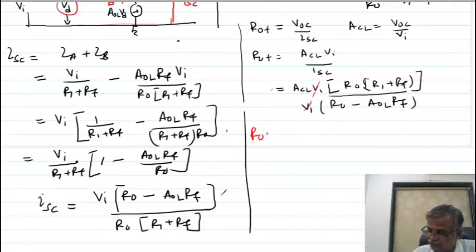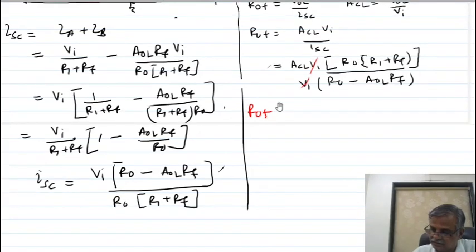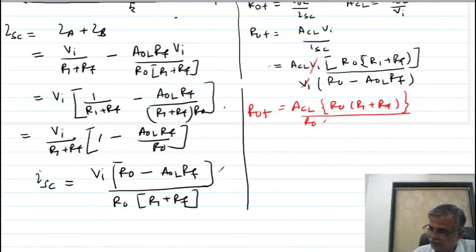So output resistance you can write here ACL into RO R1 plus RF upon RO minus AOL into RF.